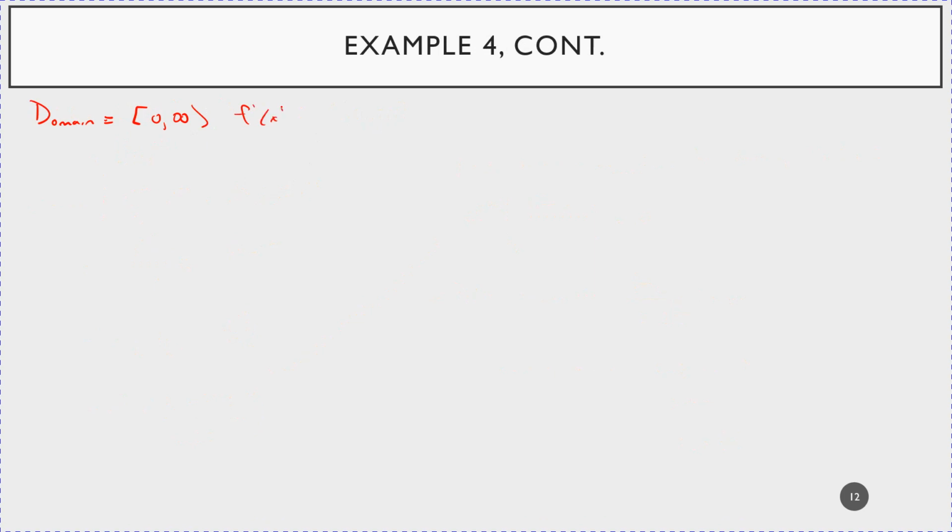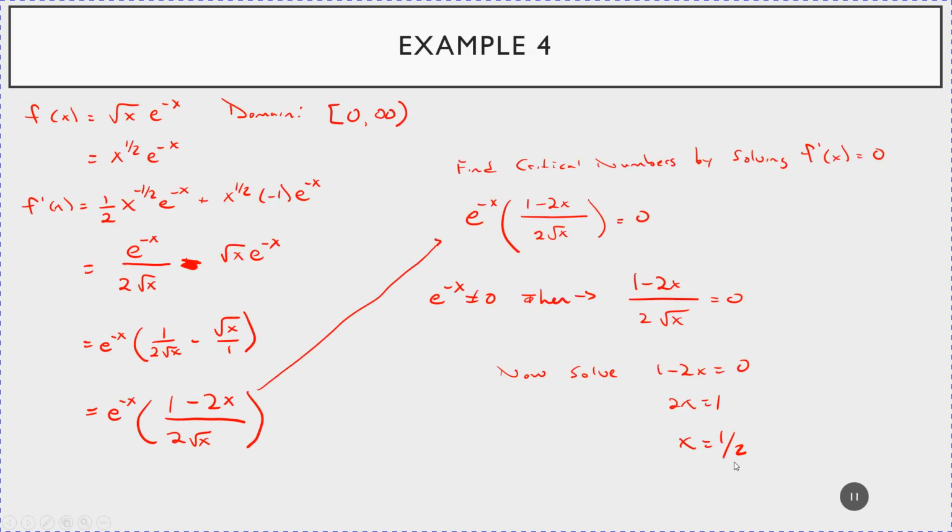The first derivative ended up being, I'm going to write the simplified version here, e to the negative x times 1 minus 2x divided by 2 square roots of x. And our critical value was just 1/2 here.